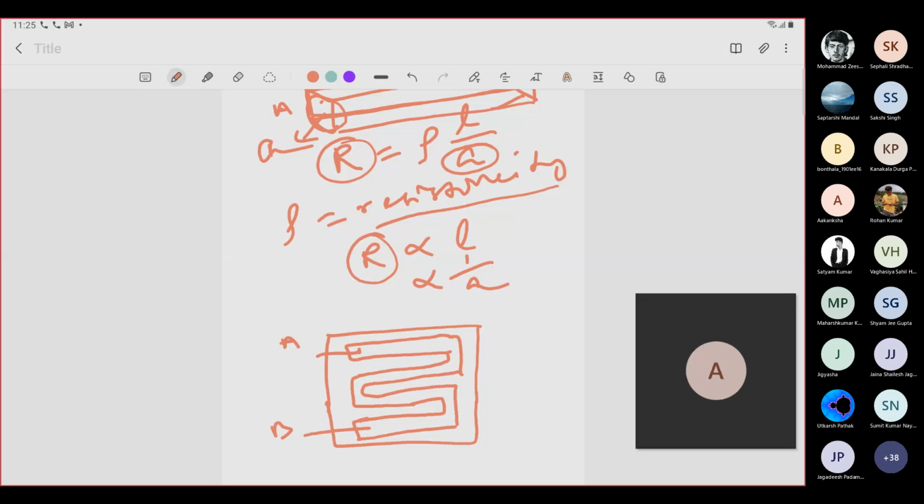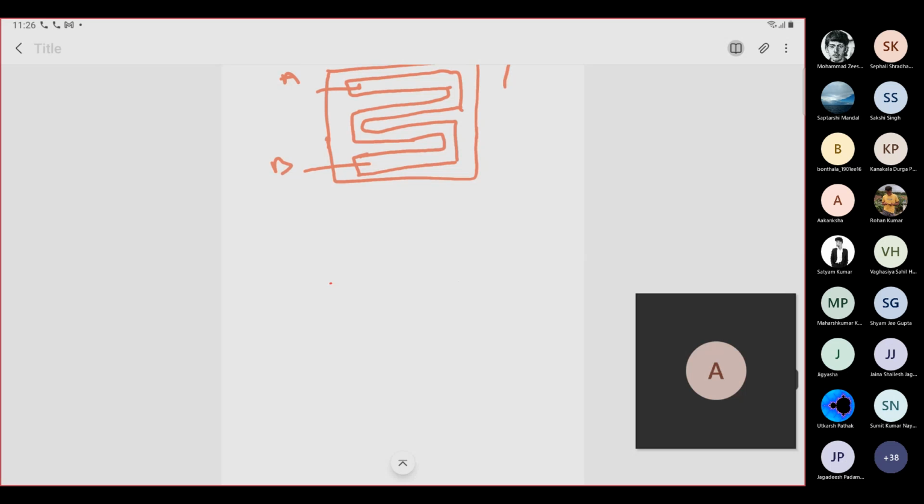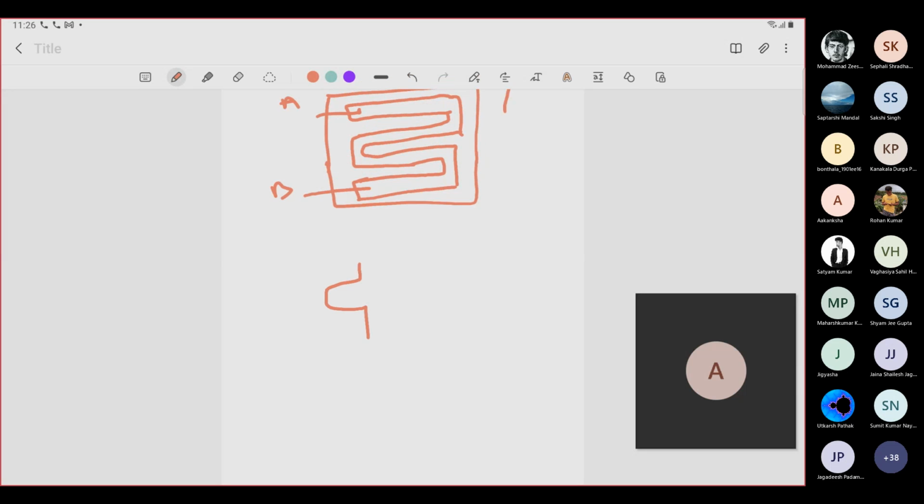On the other hand, you can go with active resistors, for example MOSFETs, either PMOS or NMOS.